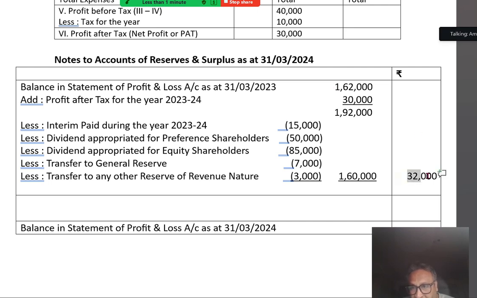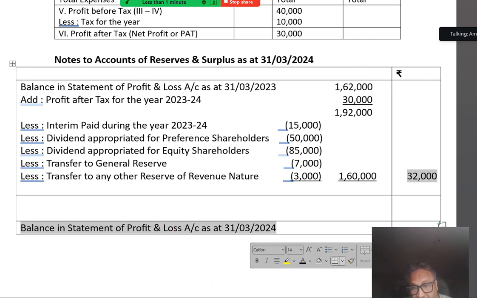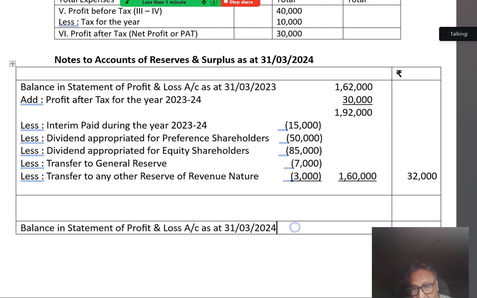So here the 32,000 you're finding in the outer column is actually the amount of balance in statement of P&L as at 31st March 2024, right?